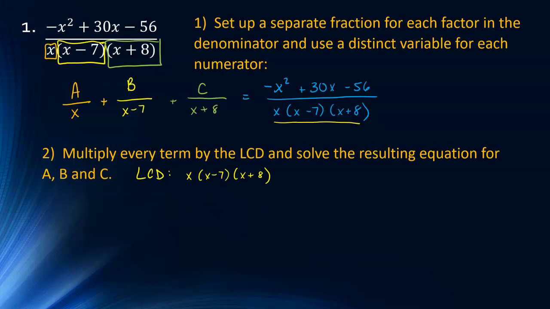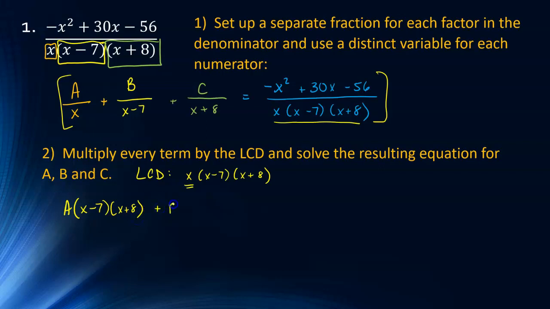When I multiply by x times x minus 7 times x plus 8, we do that times everything. The first term with the a has x in the denominator, so those cancel each other out, leaving us with x minus 7 times x plus 8.